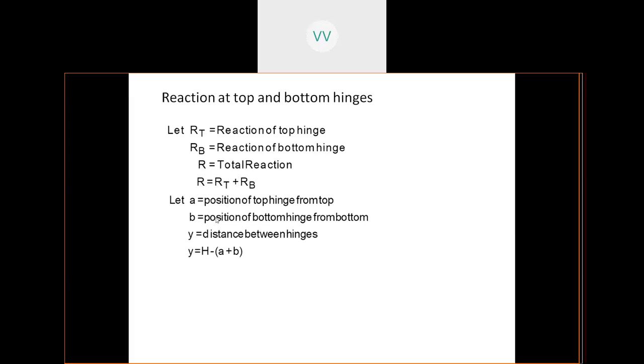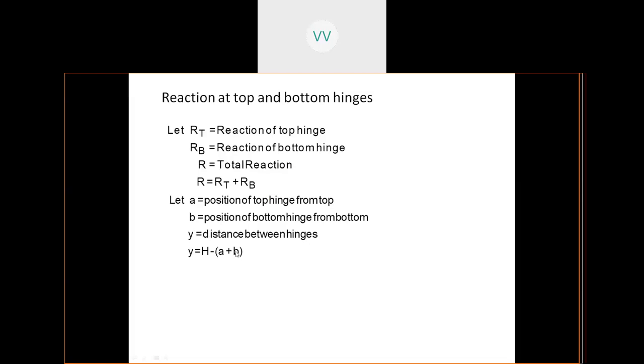Now small a is equal to position of the top hinge from the top, and small b is equal to position of the bottom hinge from the bottom. So y is equal to distance between hinges, and so y is going to be the total height minus the top distance and the bottom distance. So y is equal to capital H minus (a plus b).